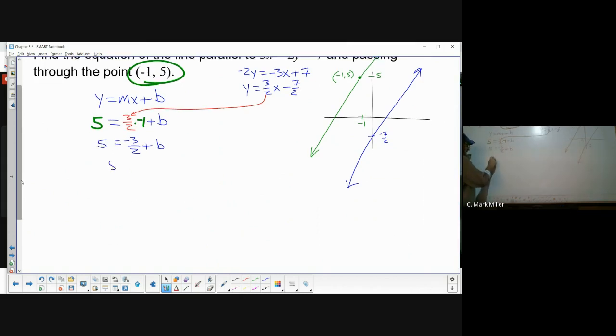So B is 5 plus 3/2. 5 is 10/2 plus 3/2. That's 13/2.